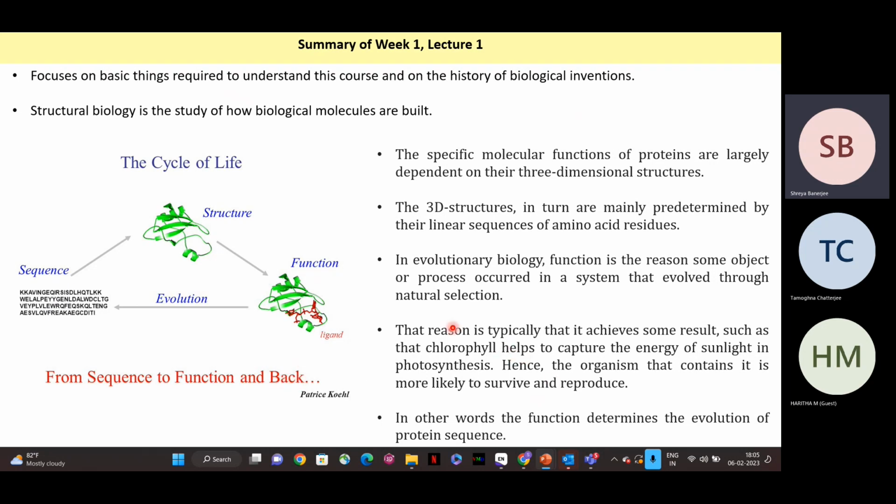For example, if a plant has more chlorophyll, it will be able to capture the energy of sunlight in photosynthesis, and it will be able to survive better, and so it will have more offspring. So depending on the function of the protein, evolution changes the sequence so that the function can be better and better. So proteins are constantly evolving to optimize the function.